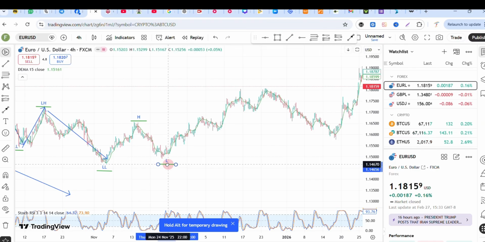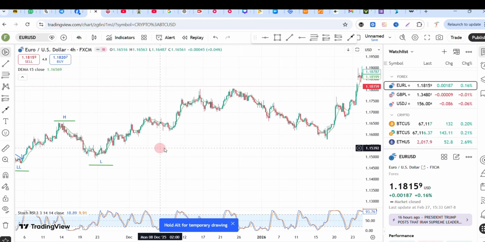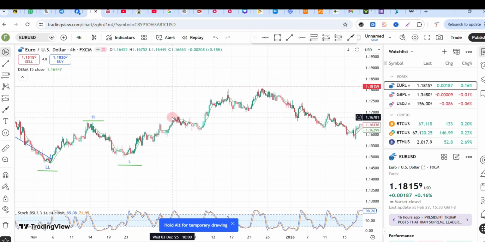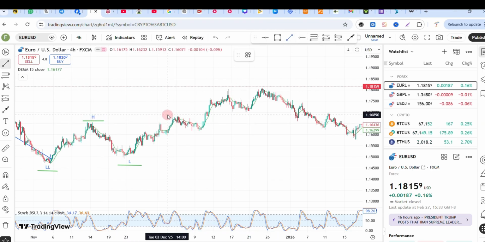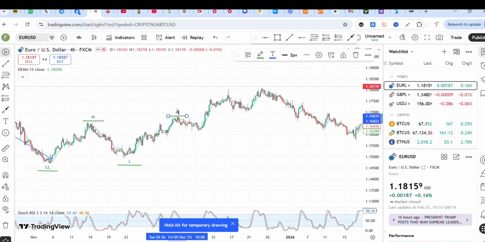Okay, so I'm just showing you guys what these things look like. So you see this point here is a little bit higher than this, right? It's a little bit higher, of course. So let's take this point here, and then we call it our higher high.